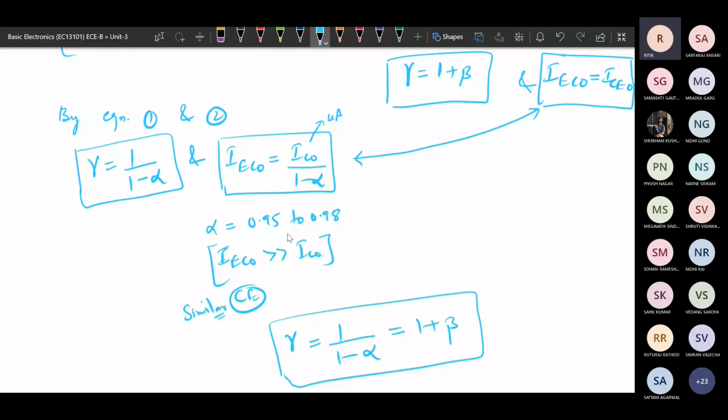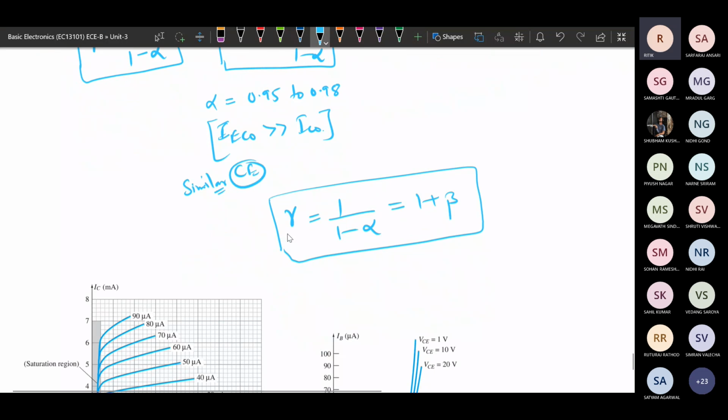This is the relation between alpha, beta and gamma. Once we know the value of alpha, we can calculate the value of beta, and once we know any of the values, we can get gamma also. So this relation is important basically.